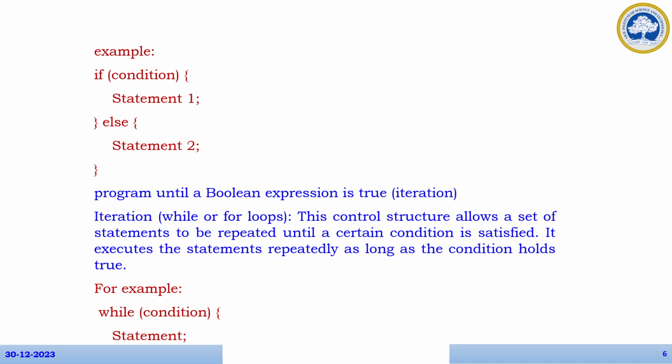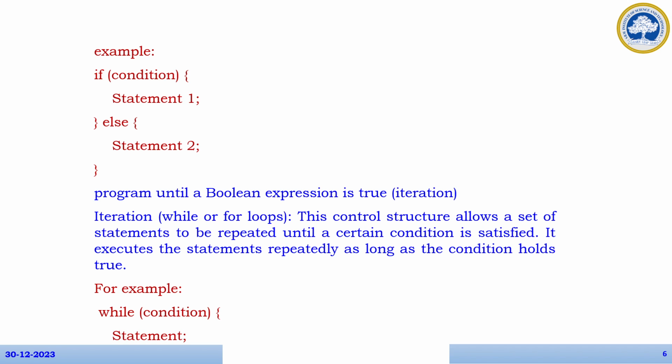For example, if, in brackets, the condition. You need to provide the condition inside the brackets, and if that condition is satisfied, what has to be executed has to be provided in the statement section. Else, if the condition is not satisfied, what is to be executed has to be given in the else part.